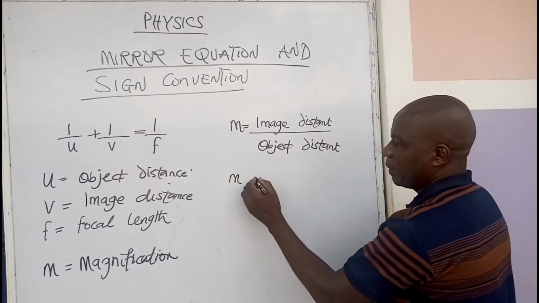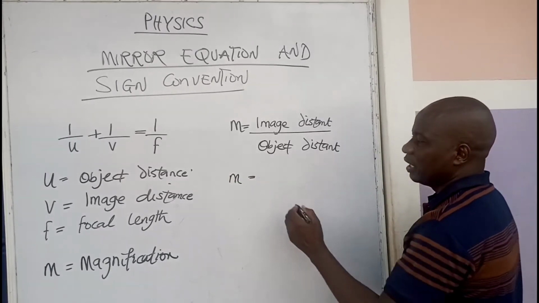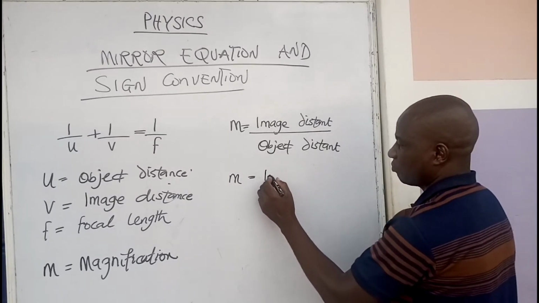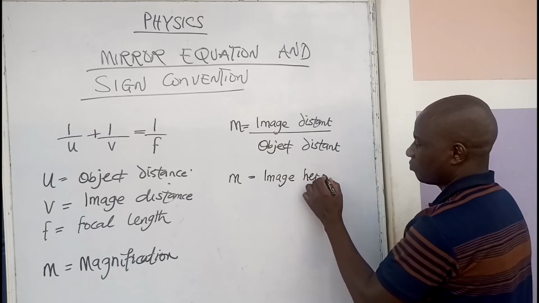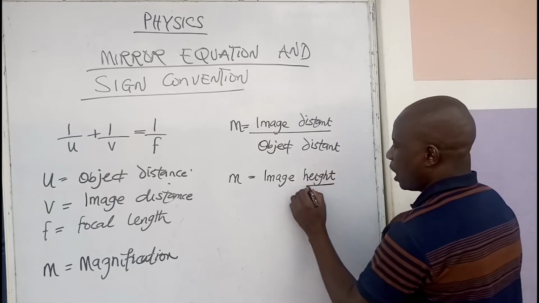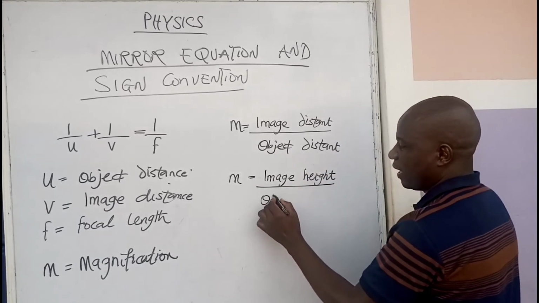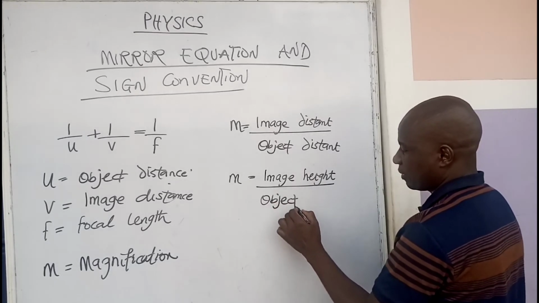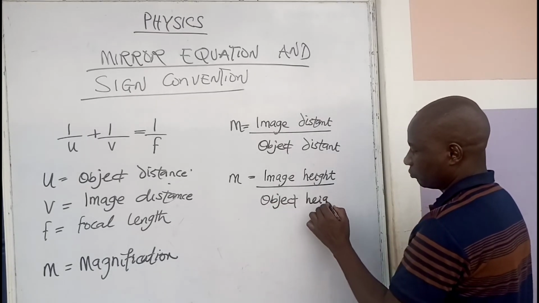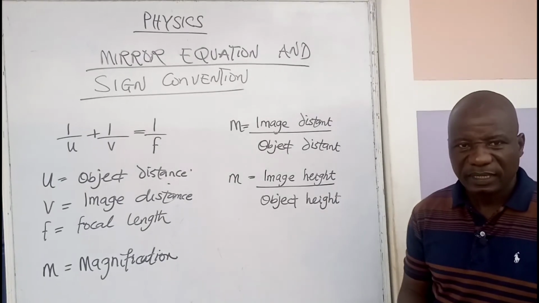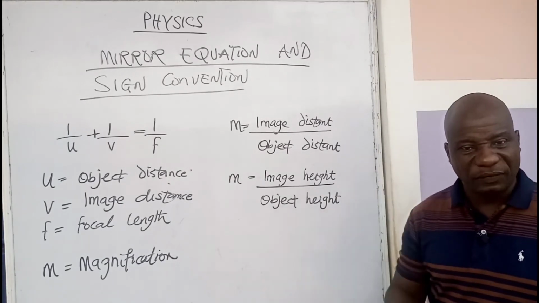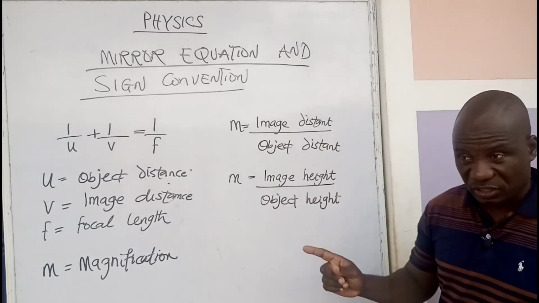Also, m is same thing as image height all over object height. Now, you must not get it confused. Anytime they are talking of magnification, image comes first.